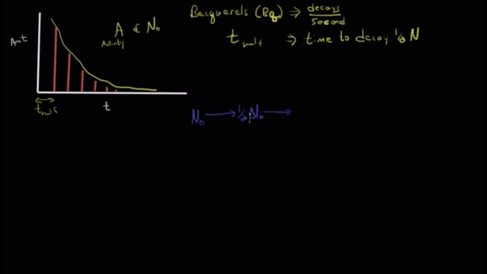Over another half-life, half of this population will decay, and so you'll have 1/4 of your original population. Another half-life will be half of that one, so it'll be 1/8, 1/16, and you see how this is going, right? Go on down. I've seen IB go down to 1/32, and then on and on like that.